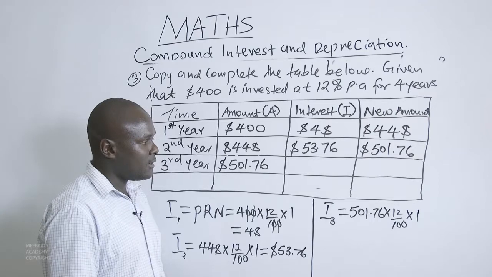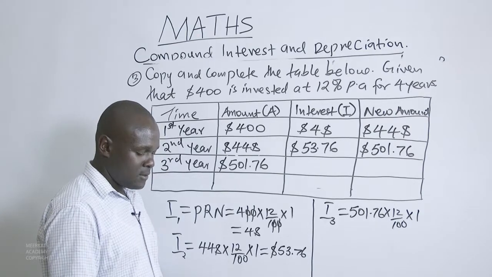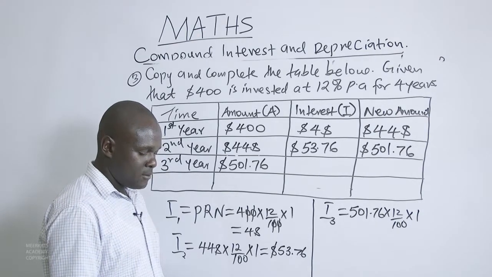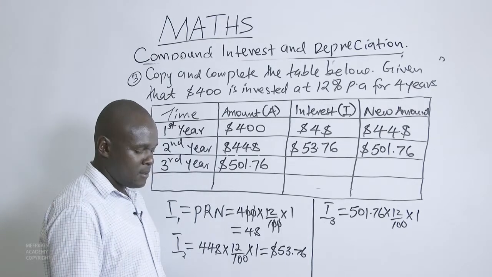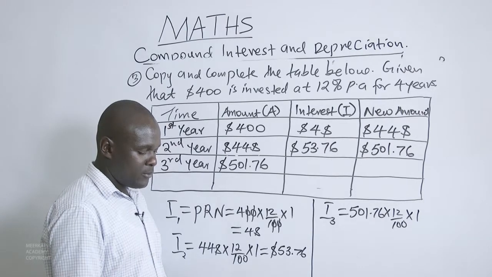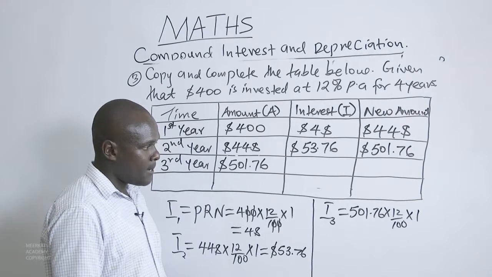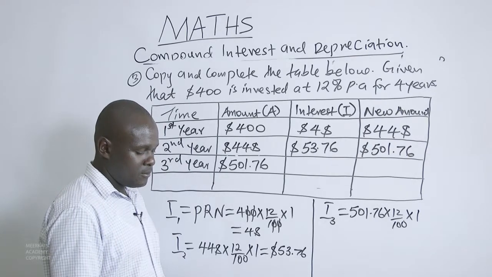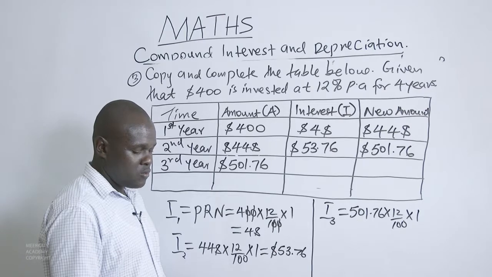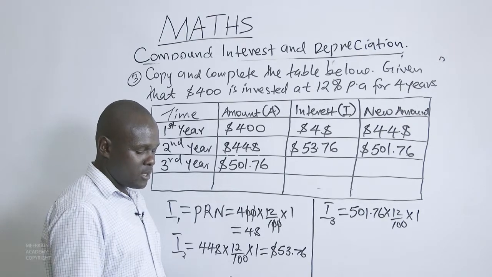We can use our calculators to calculate that. Which is 501.76 times 0.12 times 1.